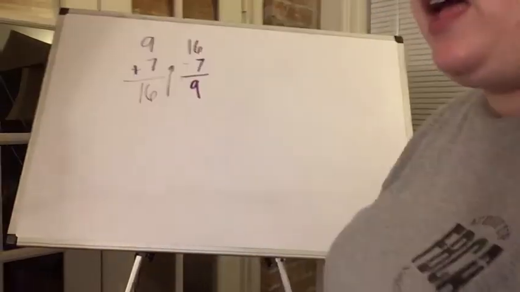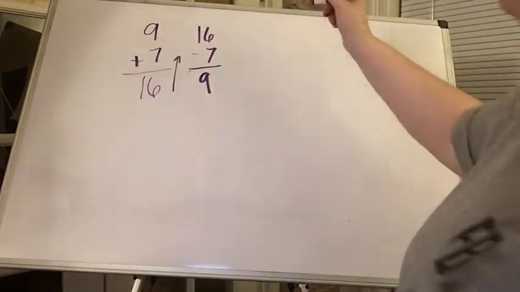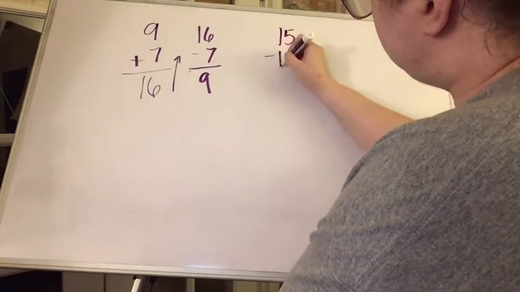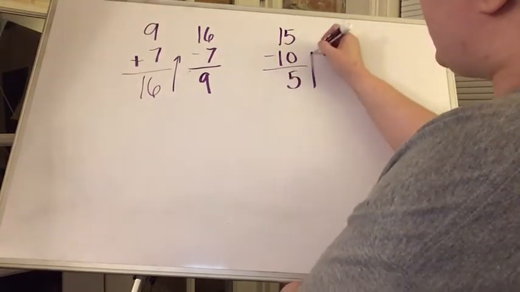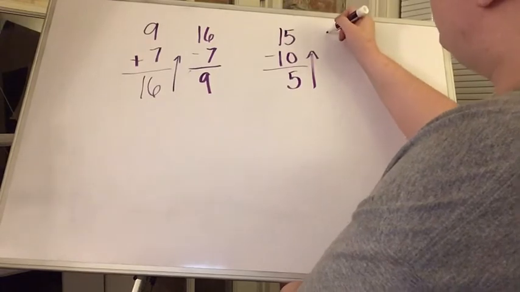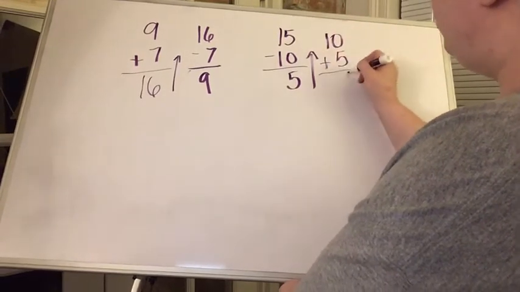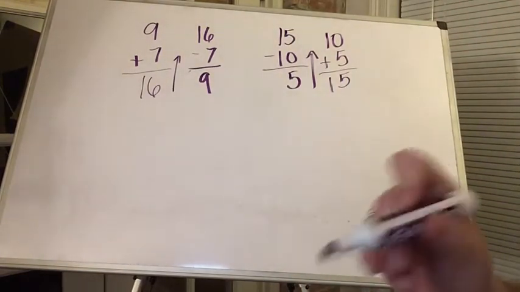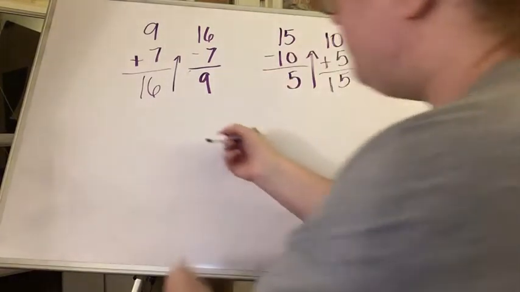The same way, the opposite of addition is subtraction. If we subtract 15 minus 10, we know that equals 5. Well, we're going to add up: 10 plus 5 equals 15. So we've already done this a lot. Remember, I told you in third grade, you're going to do it all the time. Okay, let's do a little bit trickier ones.